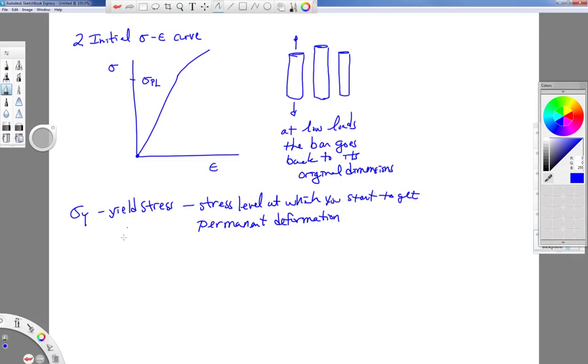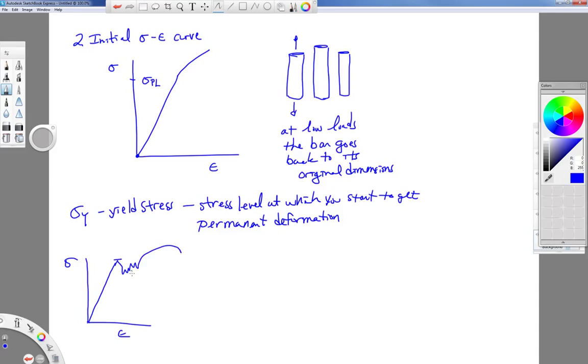The yield stress of the material is often around where this proportional limit stress is. Sometimes the yield stress and the proportional limit are pretty close to the same thing. Sometimes they're not. Different materials behave in different ways. A material like a low carbon steel, still kind of a sketch and not to scale, has what's known as an upper and lower yield point.